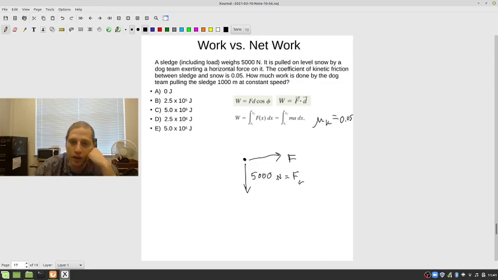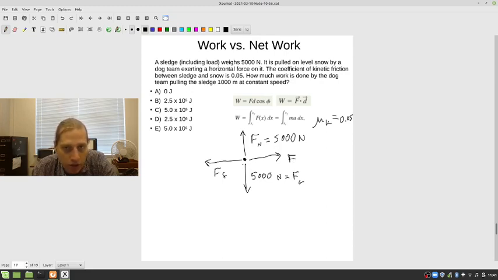Okay, well, notice here we know the force of gravity, so we know the normal force. It's just going to cancel out our force of gravity. And because it's going at a constant speed, we know that the force of friction is also going to just be canceled out by this force forward. Constant speed means no net force. So force of friction is going to be the same size as that force pulling forward.